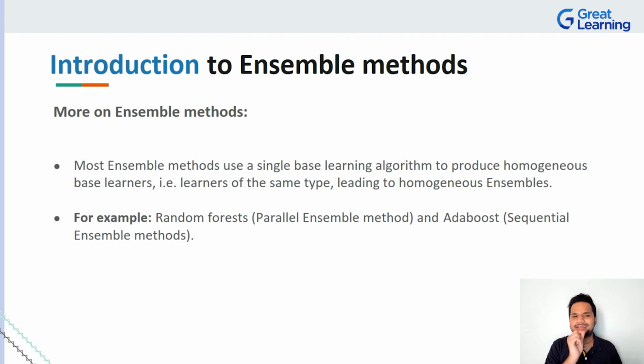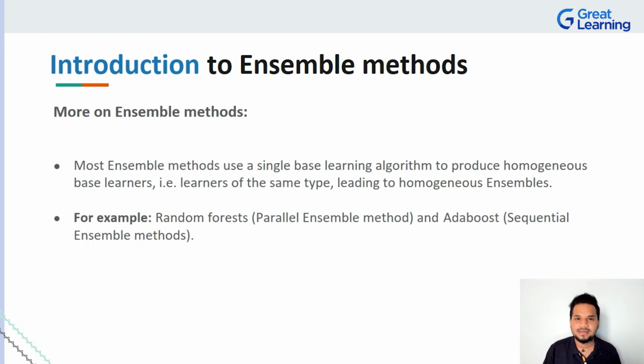Now let's quickly discuss a little bit more on ensemble methods, right? So in most cases, what happens is that most ensemble learners use a single base learning algorithm, and this base learning algorithm is used to produce multiple other learners, and these learners are called the base learners.